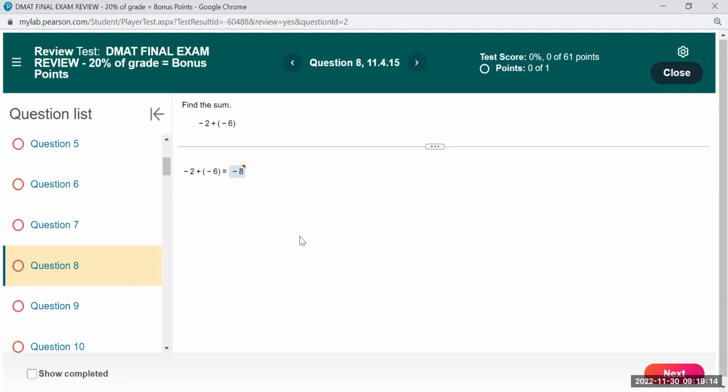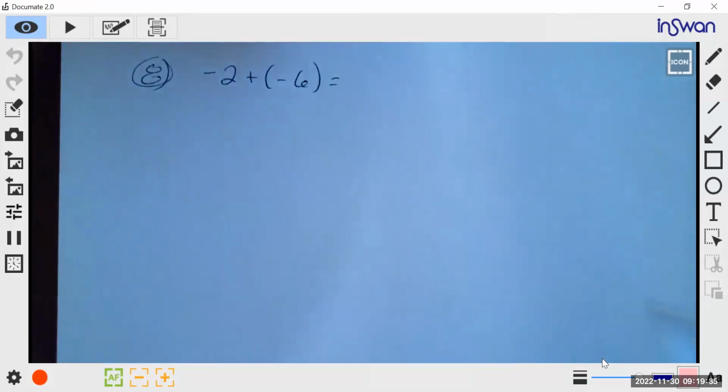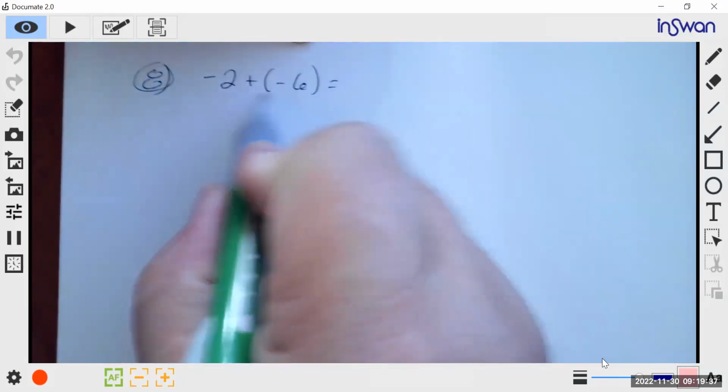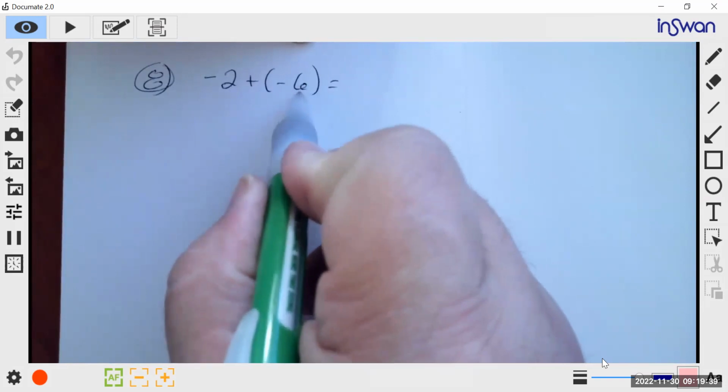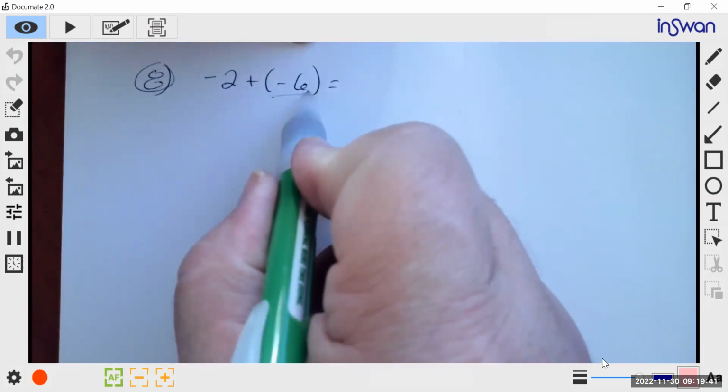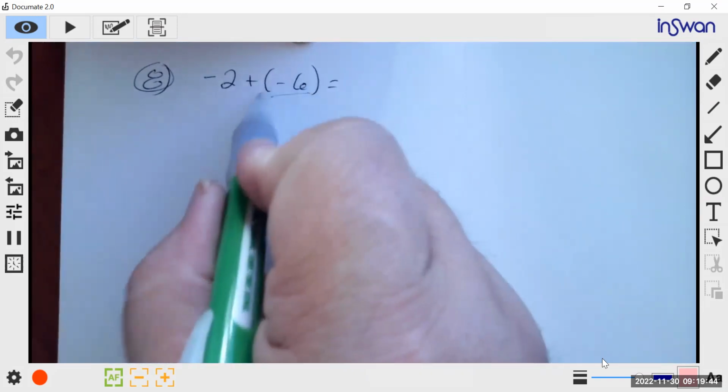Find the sum. -2 plus -6. We have to first get rid of the parentheses. We can't do anything inside here, so we have to multiply with the coefficient.